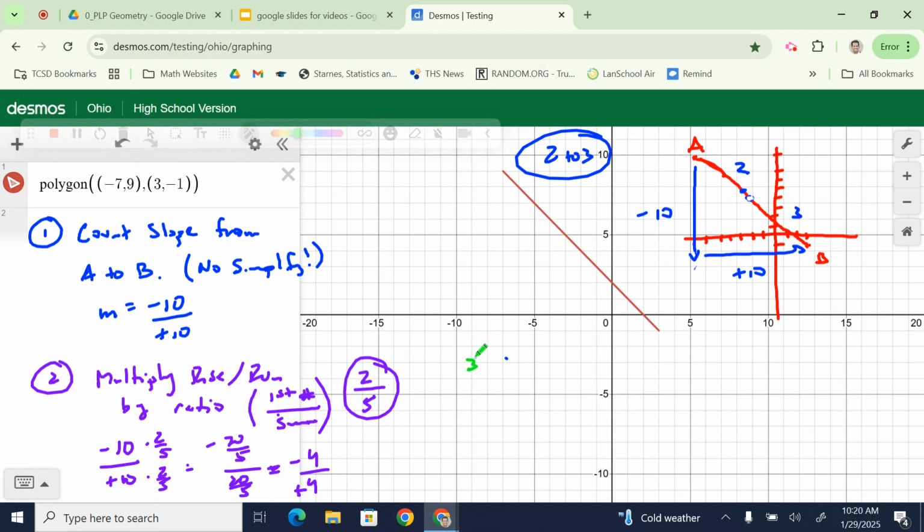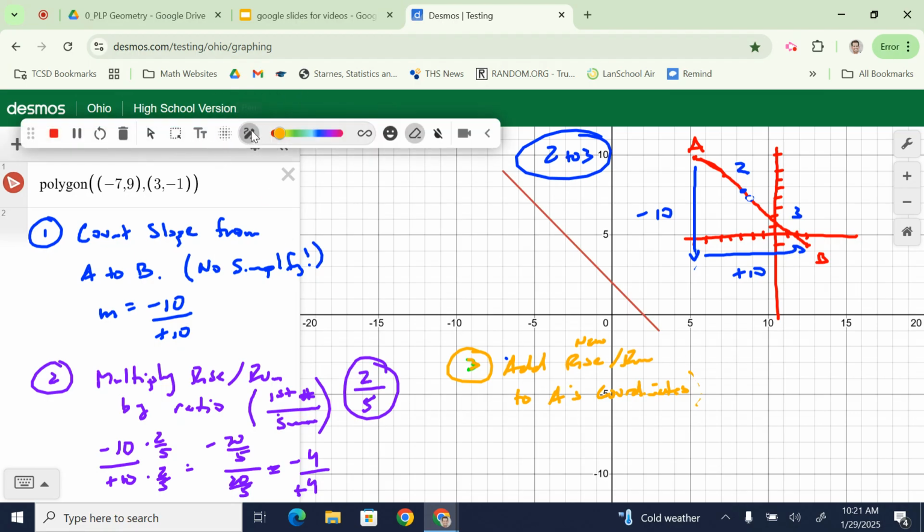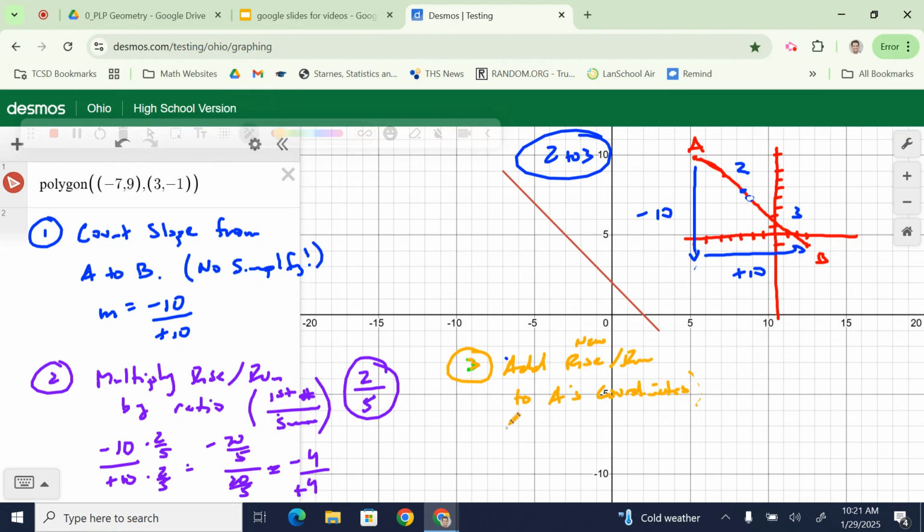So, step 3, I'm going to do it in orange. We need to add the new rise and run to A's coordinates, because that's our first point. A's coordinates were -7 and +9.